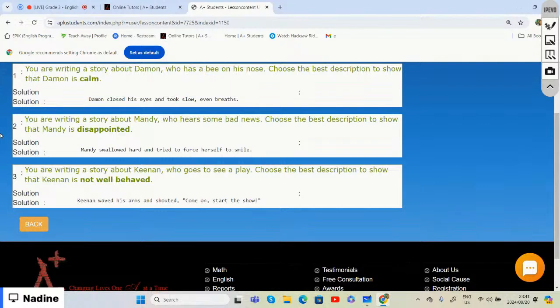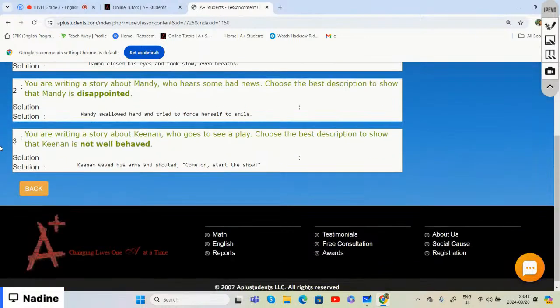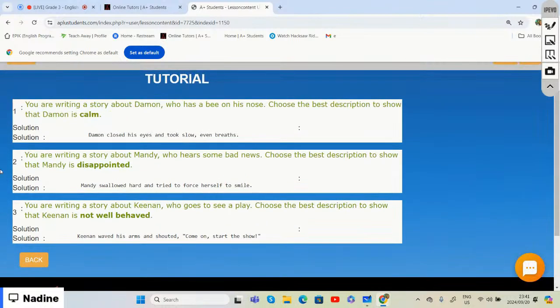These stories. And then we're going to show the emotions and we're going to show the traits of them. It says, you are writing a story about Damon, who has a bee on his nose. Choose the best description to show Damon is calm.